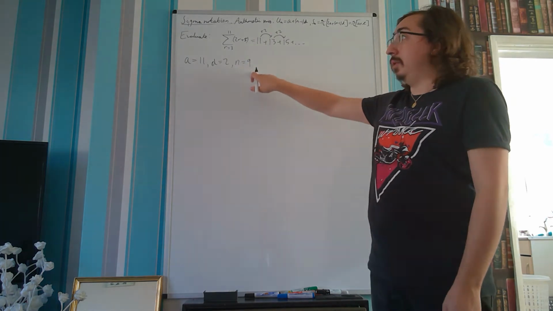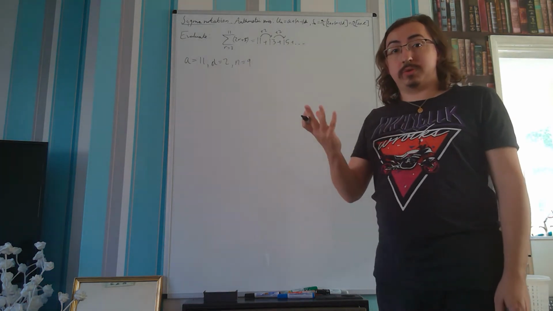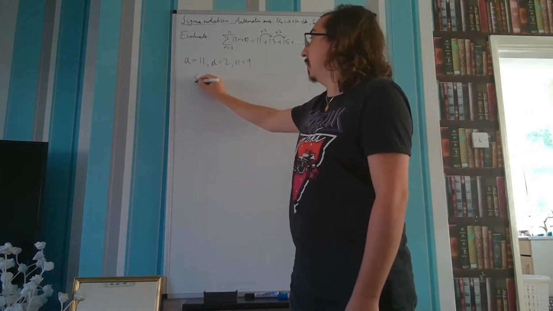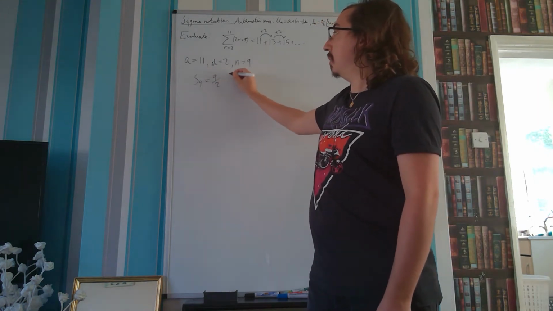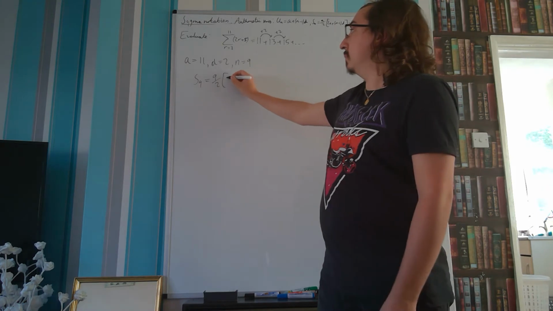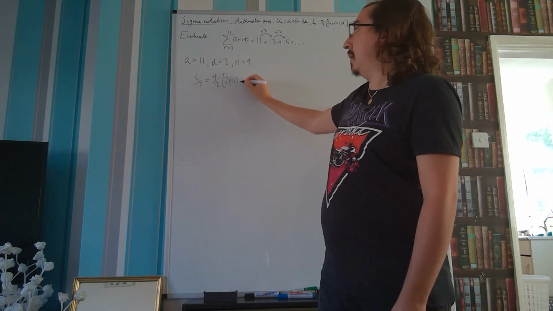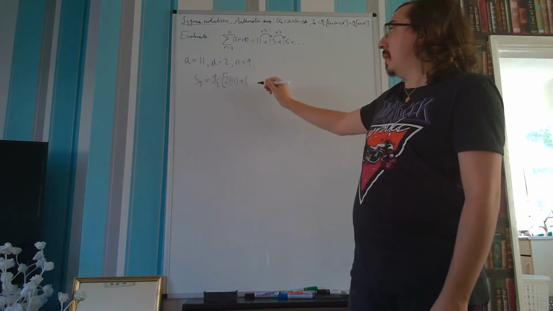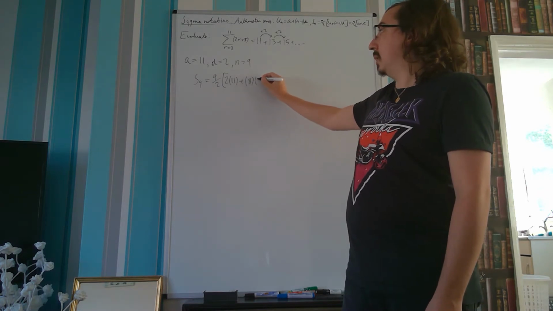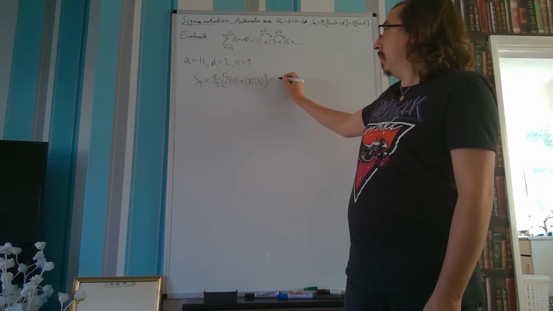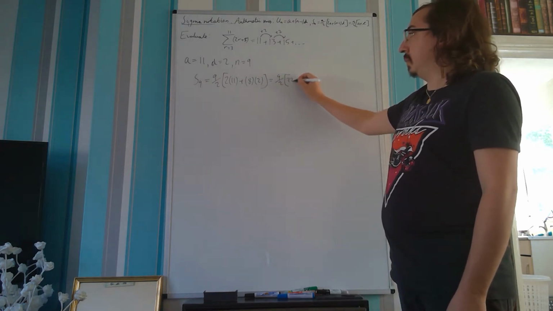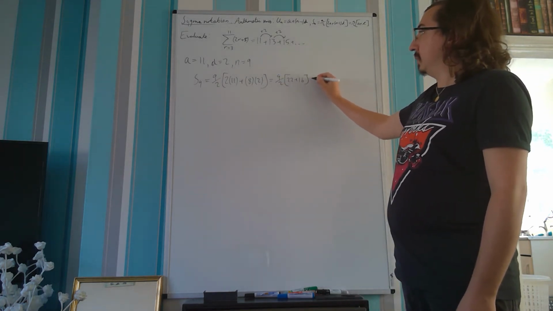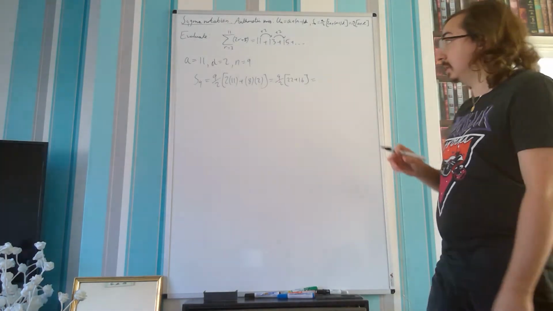So we've got n equals 9, and all you have to do at that point is just substitute in. So the sum of the first 9 terms is equal to 9 over 2 times 2 times a, which is 11, plus 9 minus 1, which is 8, times d, which is 2. So we've got 9 over 2 times 11 is 22, plus 16. 22 plus 16 is 38.